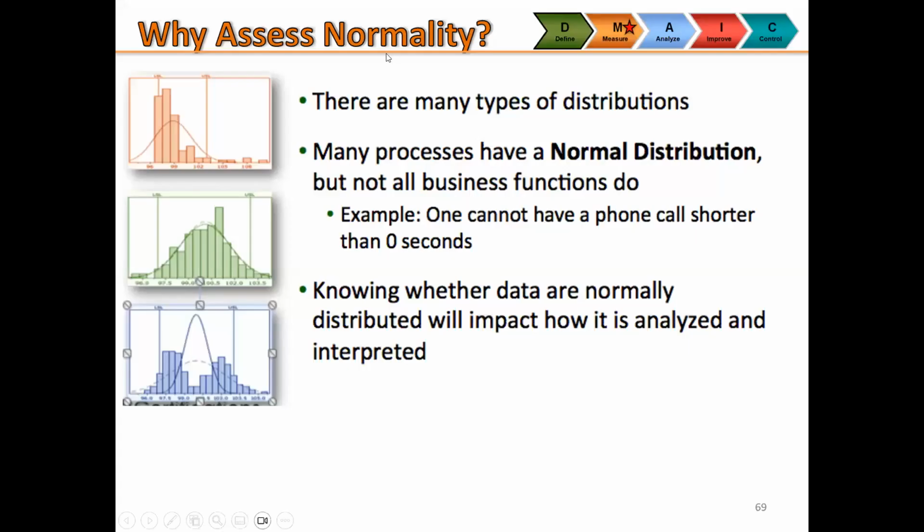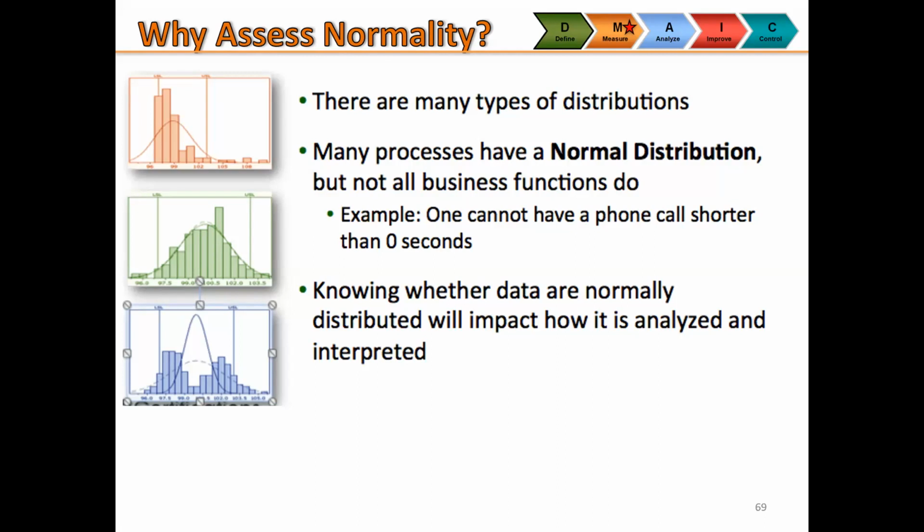And why assess normality? There's many types of distributions, which we're going to get into. But a lot of processes have normal distributions, but not all business functions do. So, for example, if I wanted to measure the length of customer service calls into John and Joanne at Albright, you can't have a call shorter than 0, right?